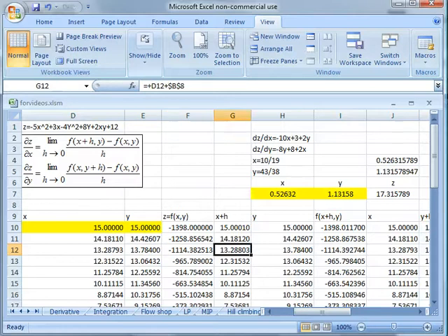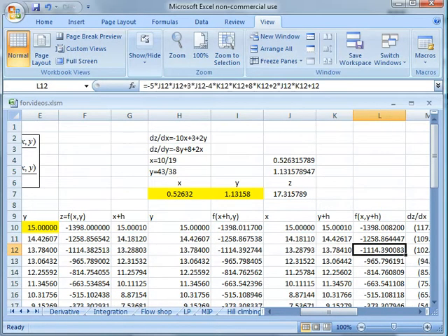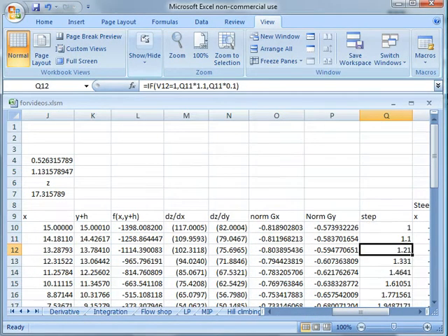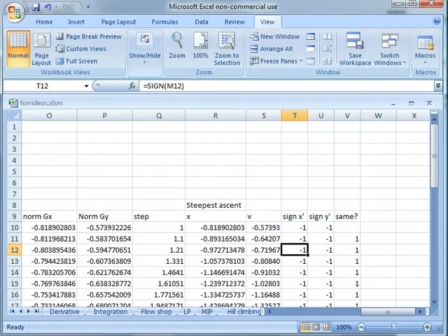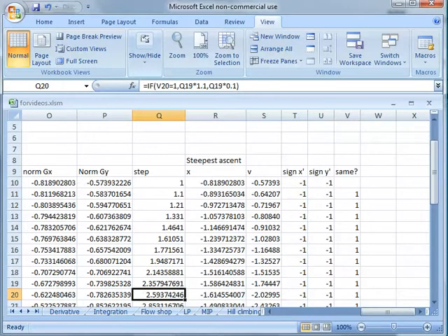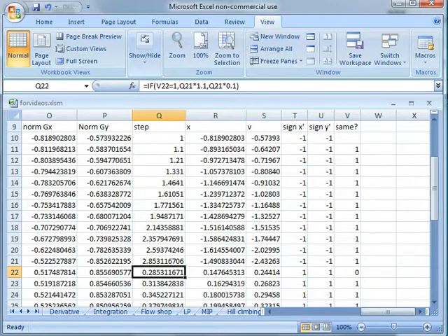So we keep repeating this process of computing the gradient at every next point, and you see if we're heading in the right direction, in this case decreasing both x and y, the steps start to increase by a factor of 10%, and we keep doing that a few times until we finally identify that we went from a negative sign in the step to a positive 1 plus 1.